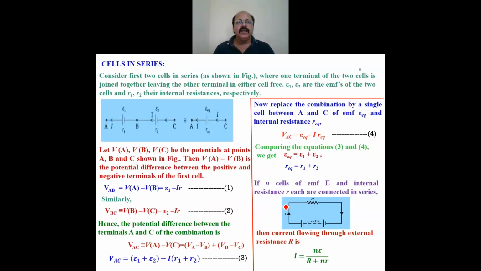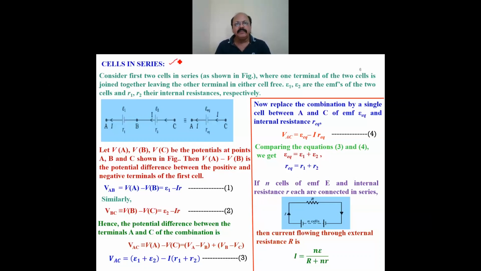Now come to another topic, that is cells in series. As you have studied capacitor combinations and resistance combinations, in the same way here is the cells combination. So cells are also used in two combinations, one in series, another in parallel. So first you understand cells in series.